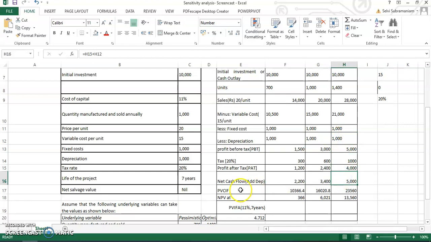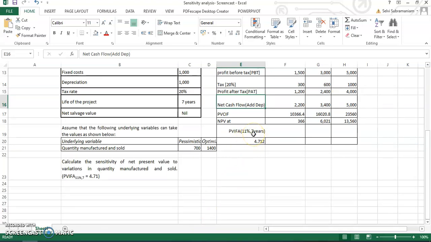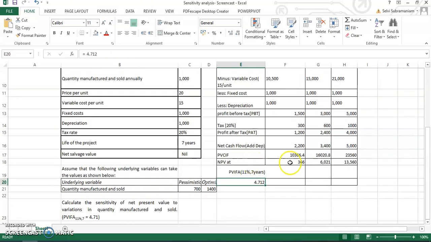PVCIF is determined using the formula net cash flows multiplied by the discount factor. What is the discount factor here? The discount factor for 11% for 7 years is given as 4.712. So I've taken 2,200 into 4.712, and we got 10,366. 3,400 multiplied by 4.712 is 16,020, and 5,000 multiplied by 4.712 is 23,560.